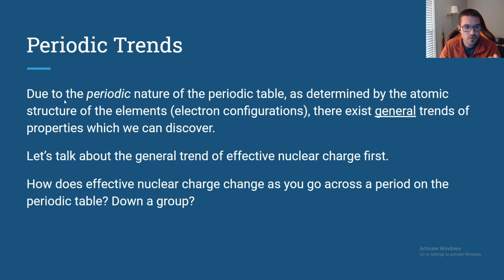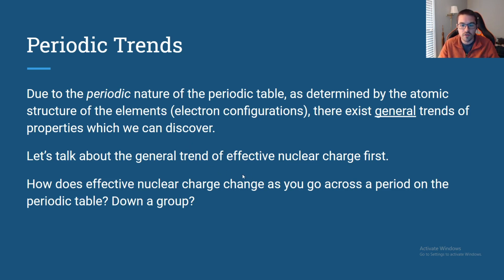Due to the periodic nature of the periodic table, as determined by the atomic structure of the elements, the electron configurations essentially, remember that the shape of the periodic table is the way it is because of where the electrons are inside of atoms, there exist general trends of properties which we can discover. We're going to talk about a few different trends today.